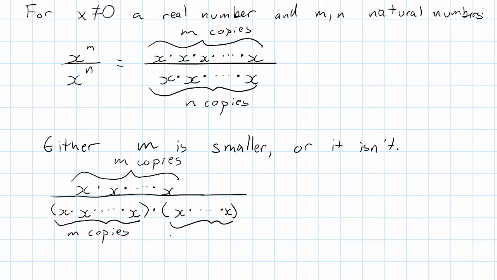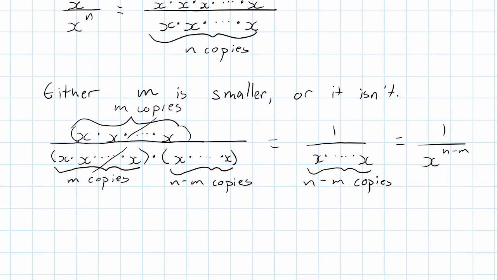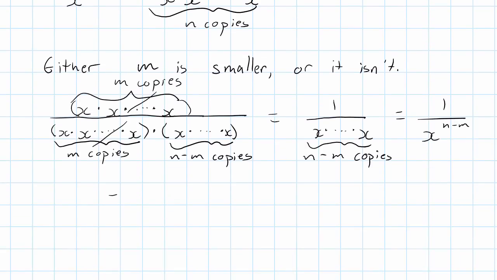That's going to be n minus m copies. Okay, well, this is a common factor of the numerator and denominator. We can cancel that out, and we've just got the n minus m copies left in the denominator. So this is 1 over x to the n minus m. So that's x to the negative n minus m.